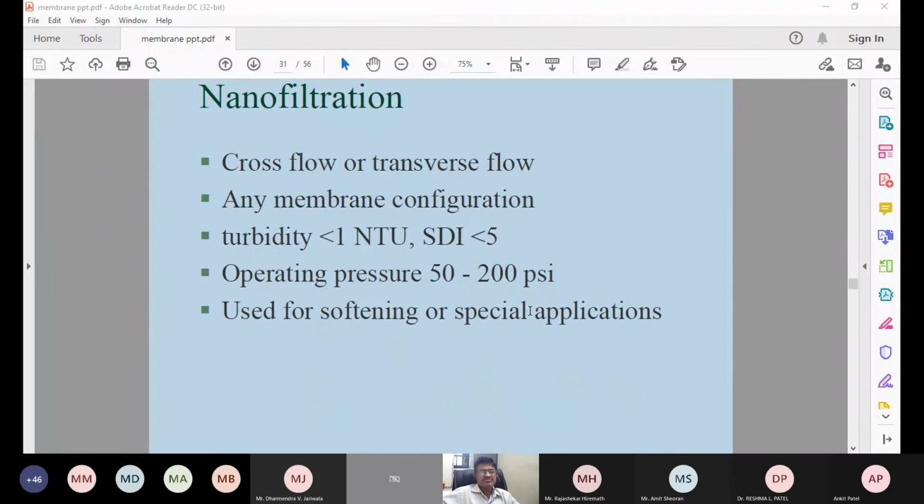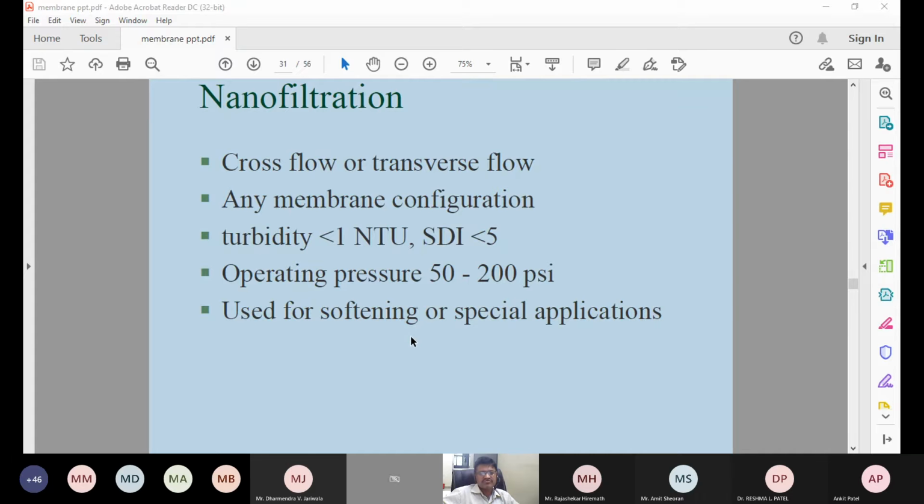Nanofiltration, if you see, is also the same thing, but the pores are somewhat smaller than in the RO system. So you can have the same applications as the RO system in nanofiltration also. Only thing is that the quality is not as good as the RO system. The silt density index is less than 5.